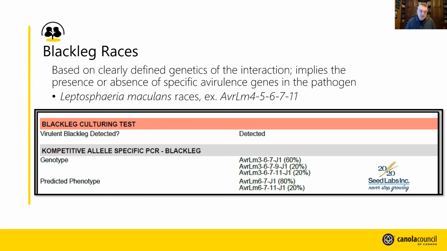So the good news is that we have a tool for detecting what specific races of the pathogen are present in the field. This work was funded by grower levy dollars, and we really want to thank the growers for funding this, because now there are 3 or 4 labs across the prairies where you can send samples in. They will tell you specifically what races are present in the pathogen population.